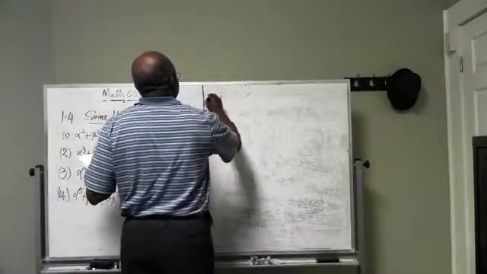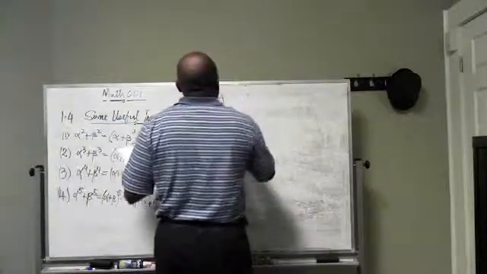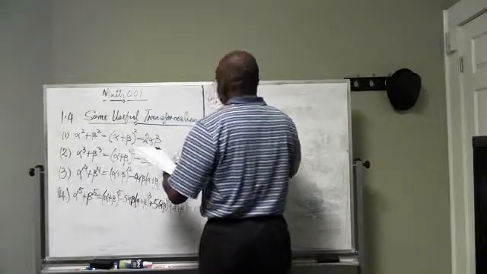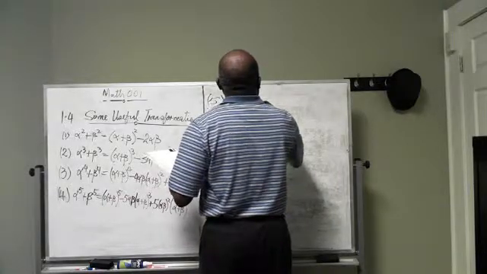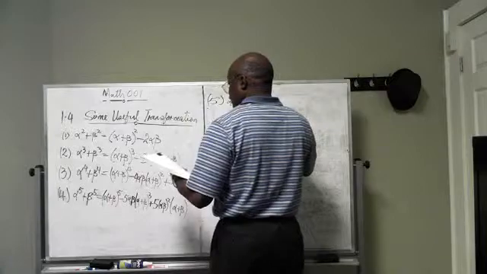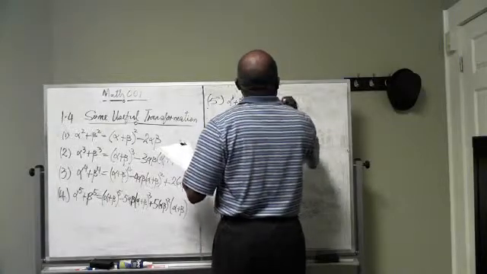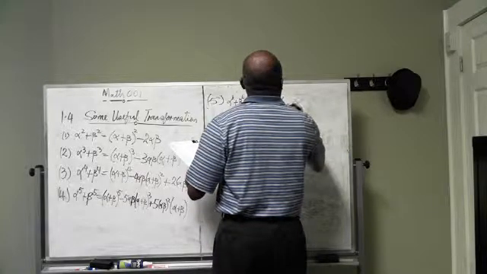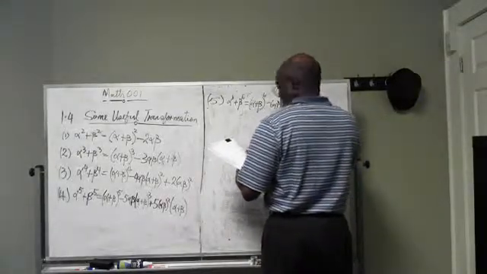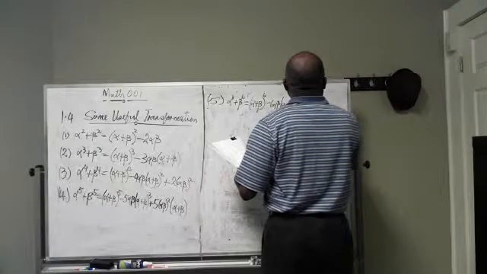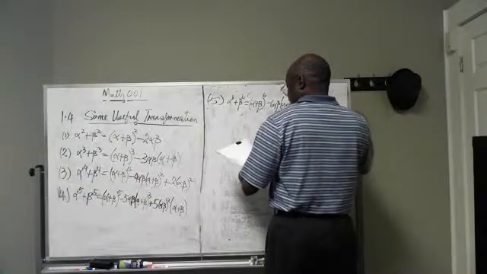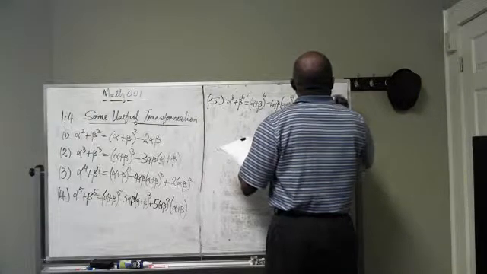Five, alpha to the 6 plus beta to the 6 is equal to alpha plus beta to the 6 minus 6 alpha beta into alpha plus beta all to the 4, minus 15 alpha beta all squared into alpha plus beta all squared.